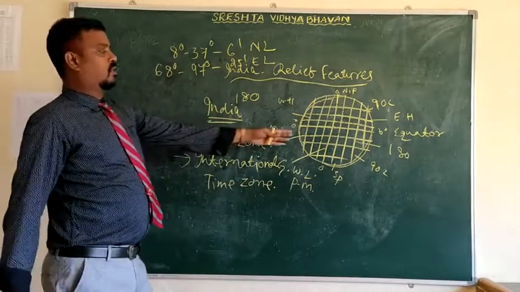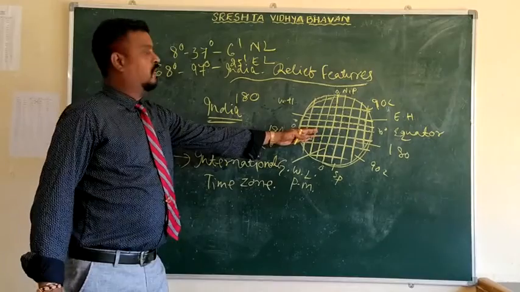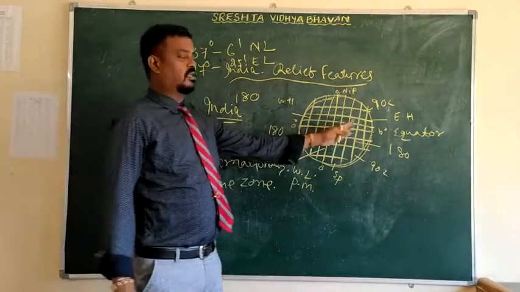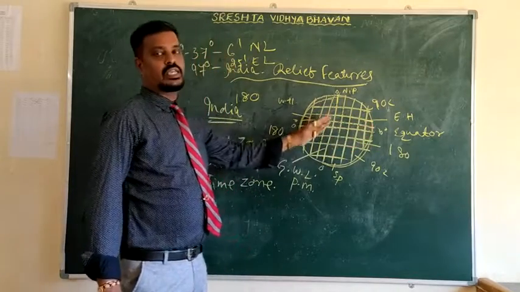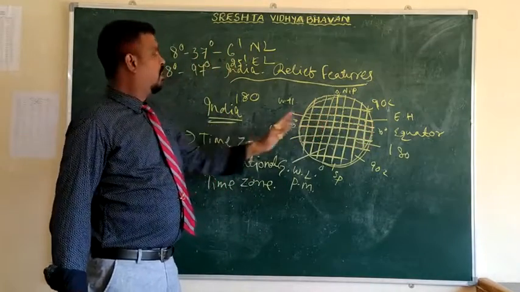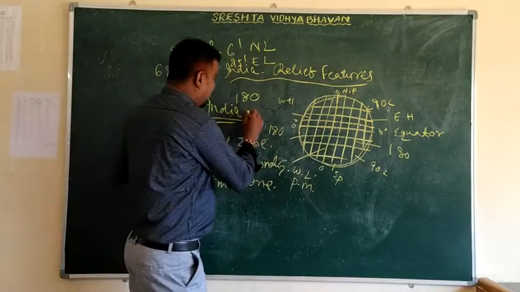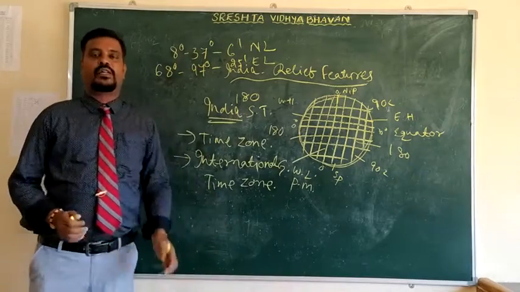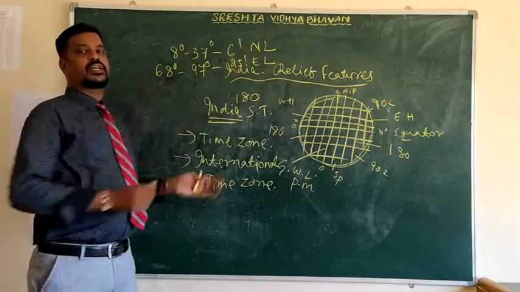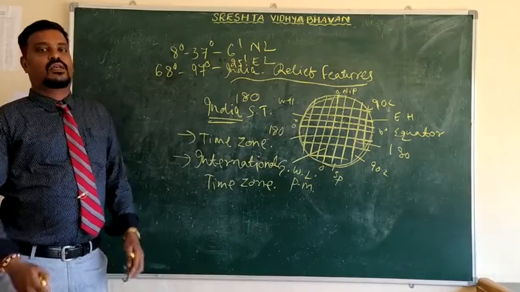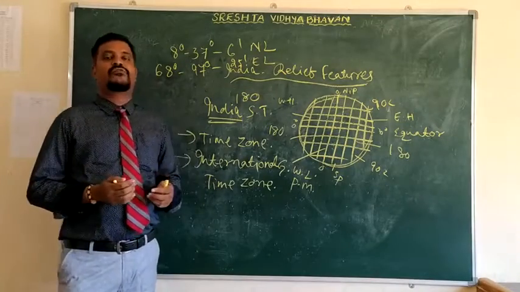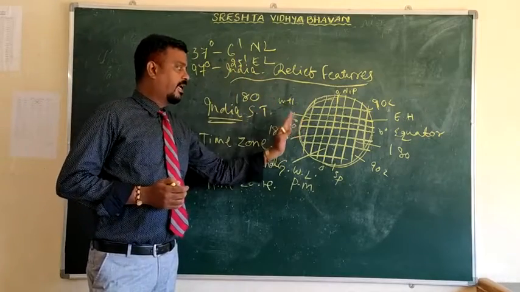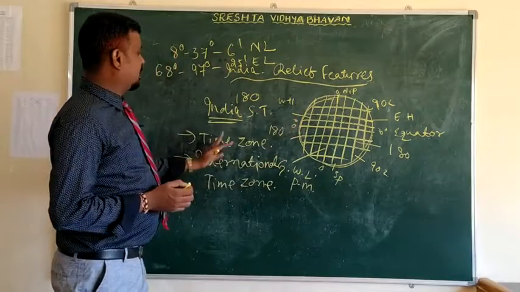When you come to the Indian point of view, India is a vast country. The sun rises first in Arunachal Pradesh and last in Dwarka, Gujarat. The time difference between Arunachal Pradesh and Gujarat is 2 hours. To avoid such confusion, our Indian meteorologists took 82 degree 30 minutes east longitude as the Indian Standard Time.